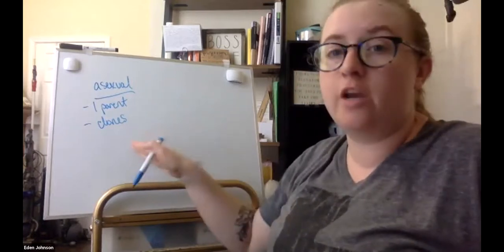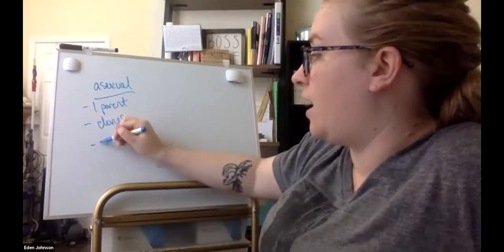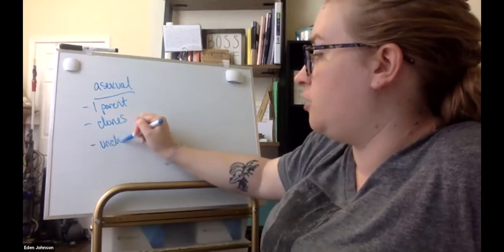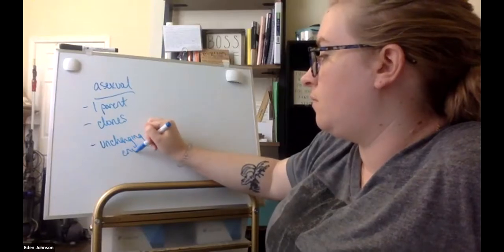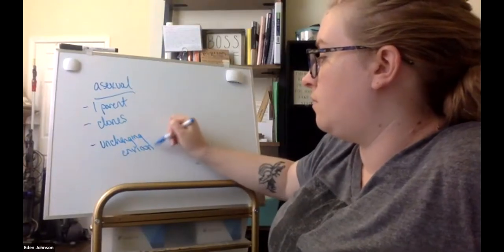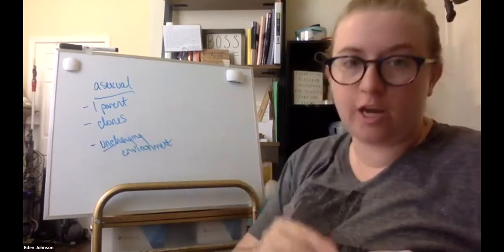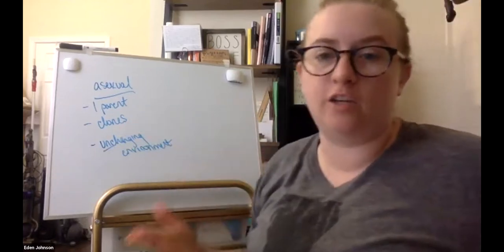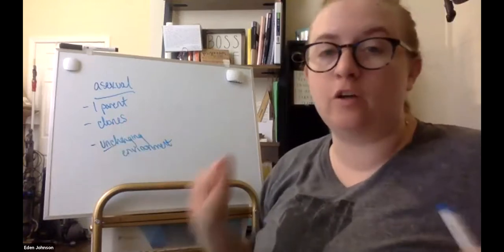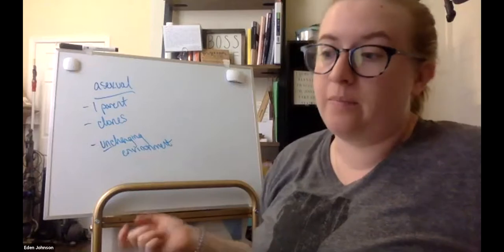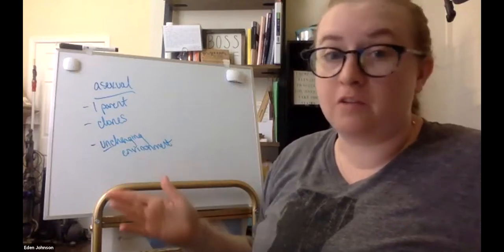So little to no genetic variability, and they're going to thrive in an unchanging environment. Why would they thrive in an unchanging environment? Well, because they're all clones of each other, very little genetic diversity, and that means that they wouldn't be able to respond. They would all be responding in the same way.